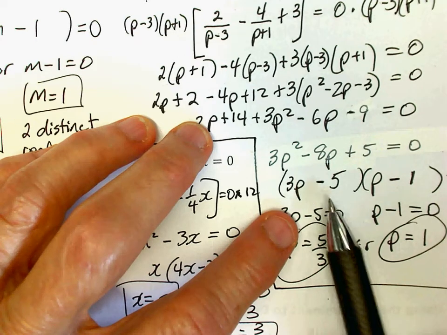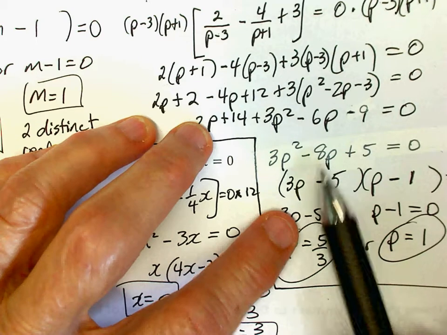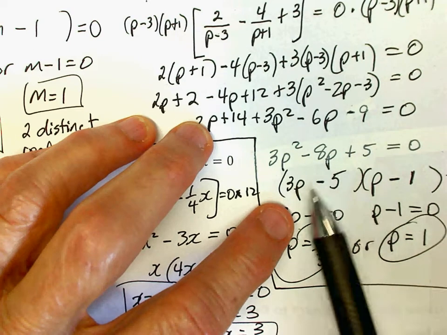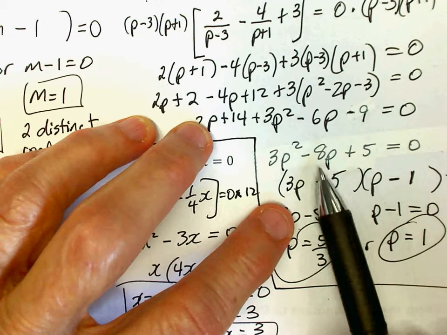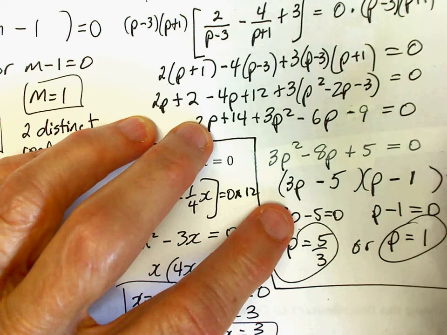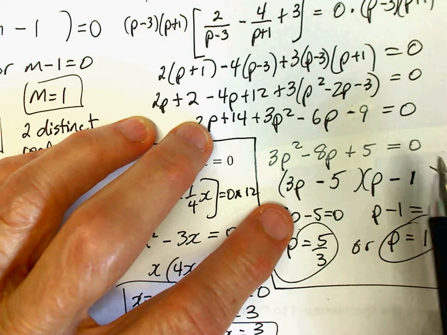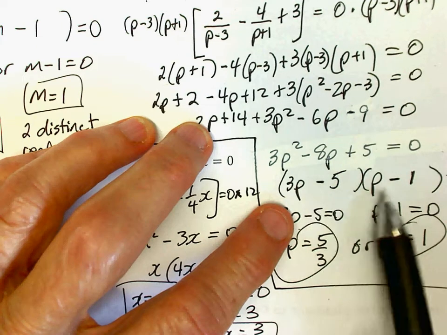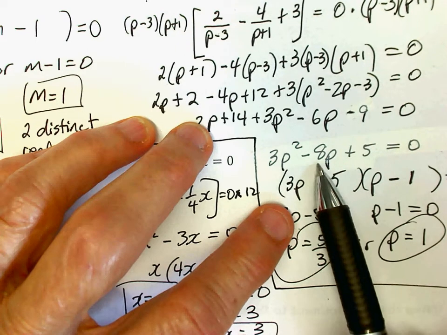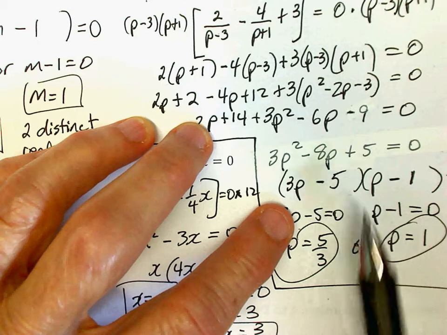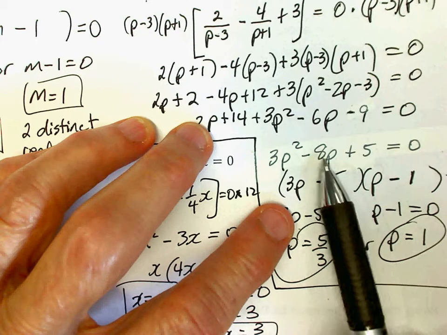You're always checking yourself to make sure not only are you getting the 5, but you're also getting the middle term. Somehow I have to get a negative 3p and a negative 5p to add up to negative 8. So I know these must be negative. If they were positive, I'd be getting positive 8, and that doesn't fit this.